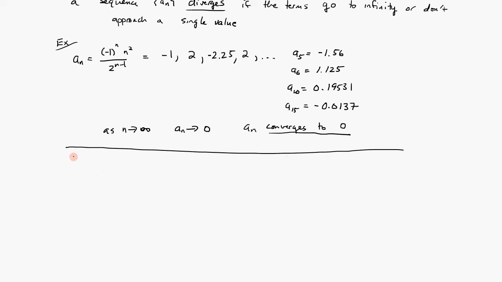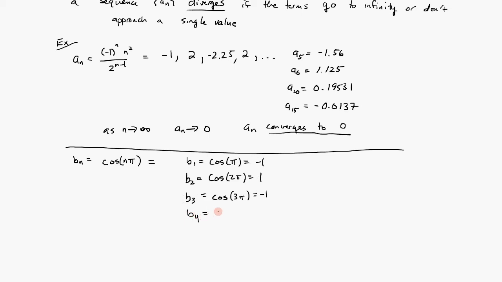Let's take a look at another sequence. Say b sub n is the sequence cosine of n pi. When n equals 1, b sub 1 equals cosine of pi, which is equal to -1. b sub 2 is cosine of 2 pi, which is equal to 1. b3 is cosine 3 pi, which is -1. b sub 4 is cosine 4 pi, which is equal to positive 1.